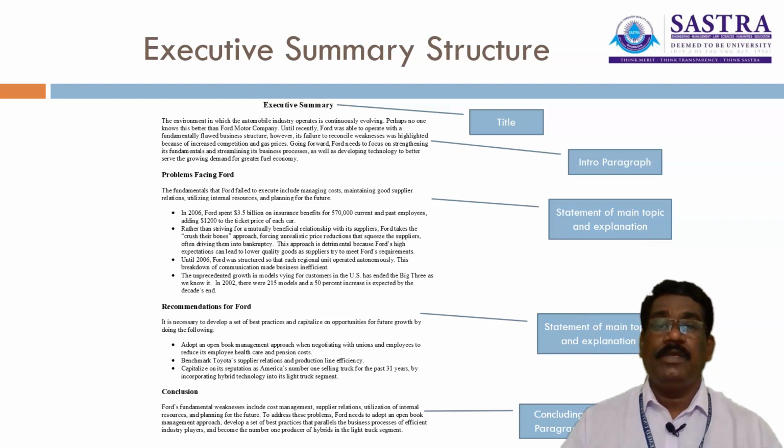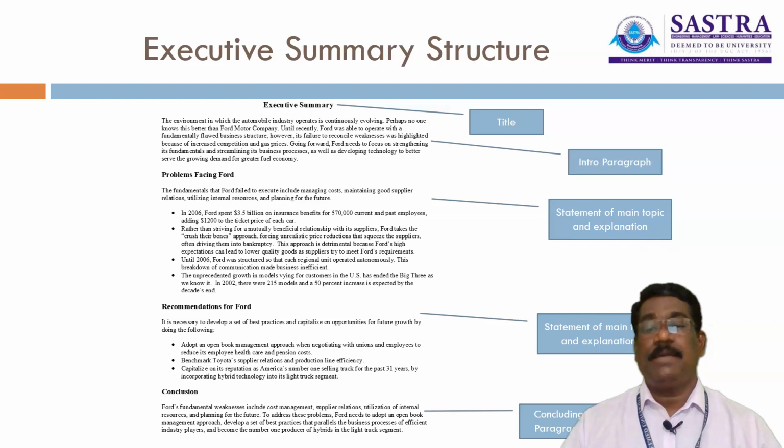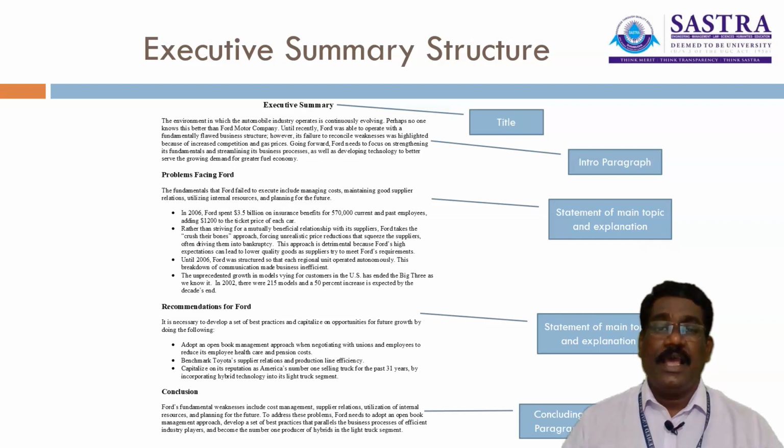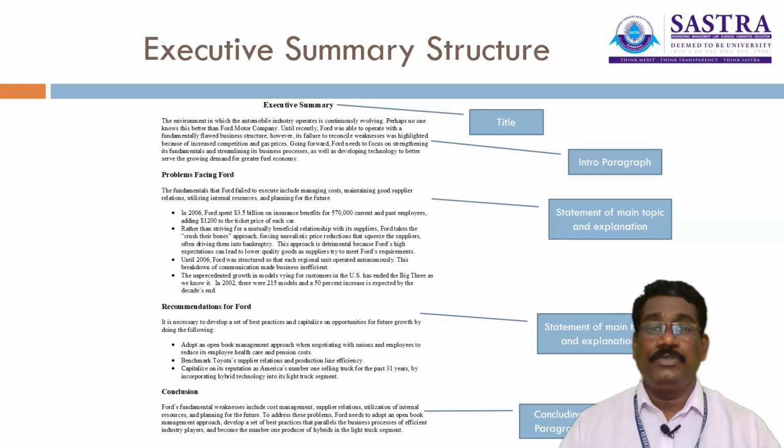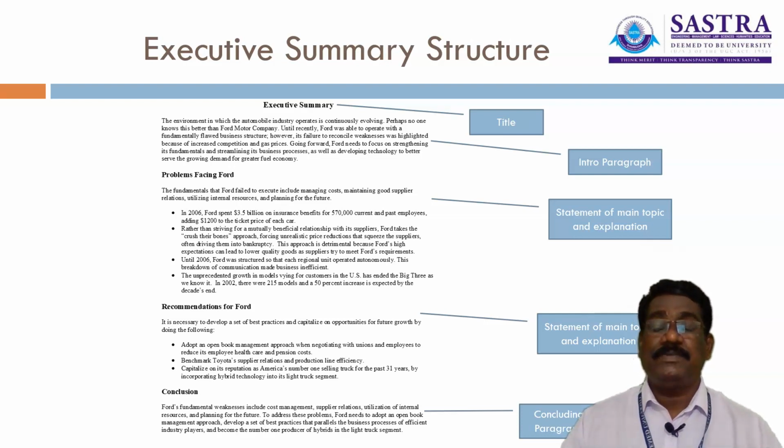We also discuss the main content of the research methodology, like the population, sample size, validation techniques, and the statistical software we have used. Then the analysis and interpretation, any specific findings, major findings especially, and the conclusions and recommendations have to be put into the executive summary.